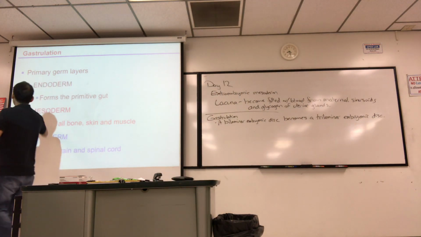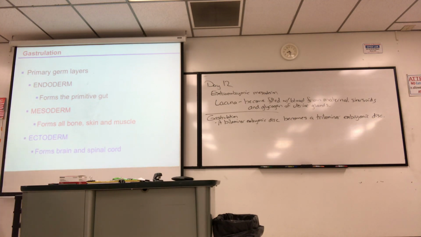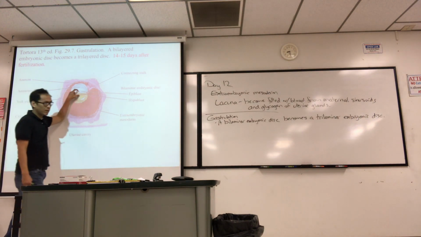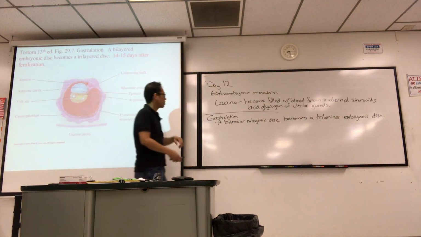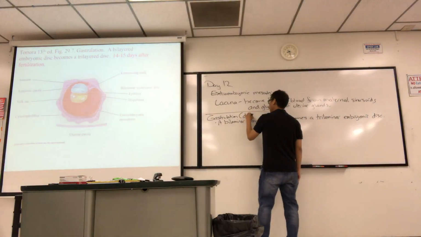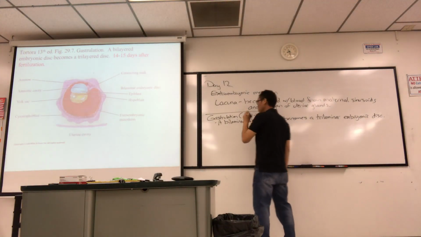They're right there: endoderm, mesoderm, ectoderm, that form all the organ systems. Okay. Again, here's 14 to 15 days. This is about when it would occur. It's still bilaminar, but it's going to happen. So something like day 14 to 15 post-fertilization.